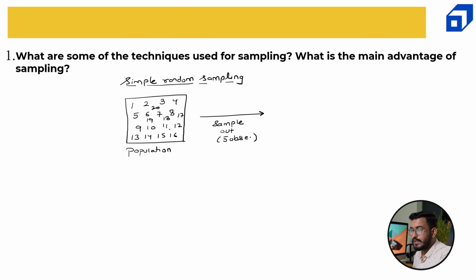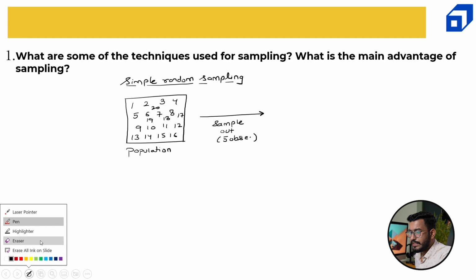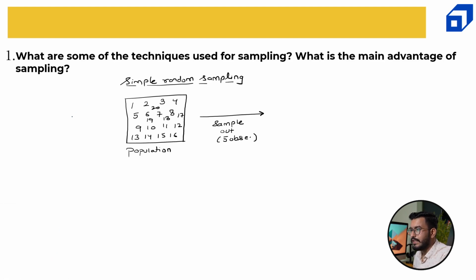Now in simple random sampling, each observation has an equally likely chance of getting selected into the sample. What I mean by this is, the probability of data point number 1 getting selected into the sample is 1 divided by 20, because I have only one such data point and there are a total of 20 data points.